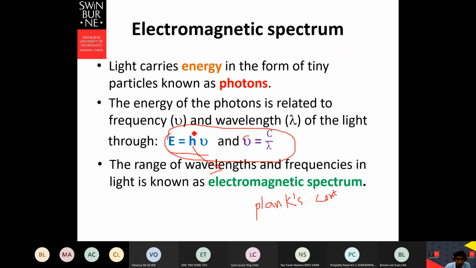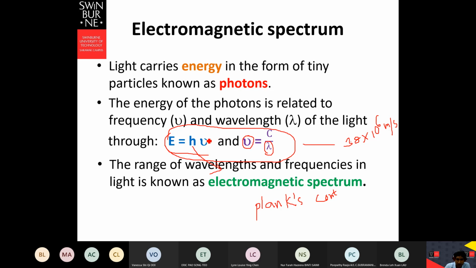And nu is equal to c over lambda. C is the speed of light, that is 3.8 times 10 power 6 meter per second, I think, if I'm not mistaken. And this is the wavelength.